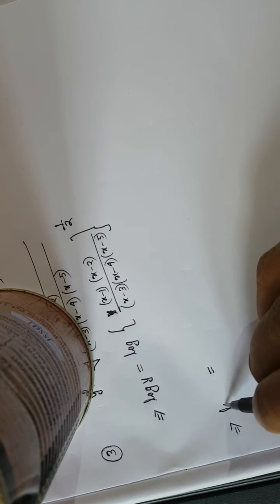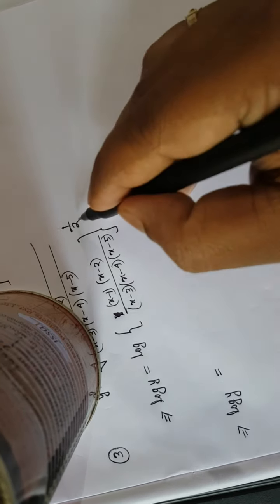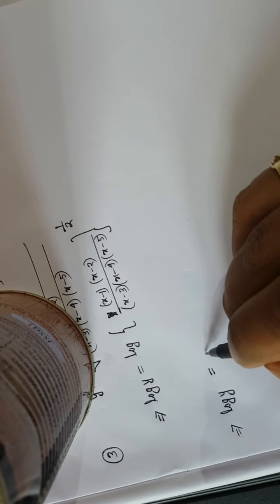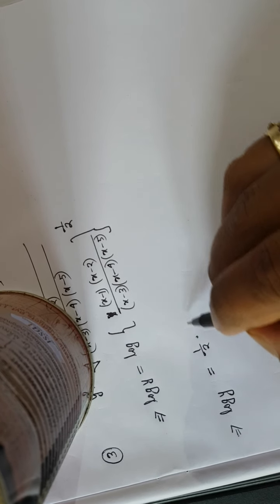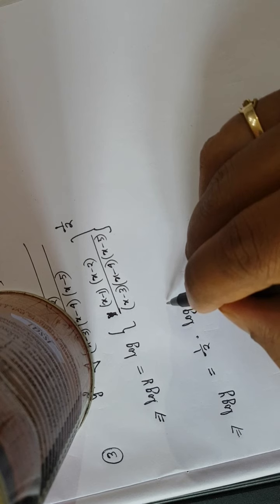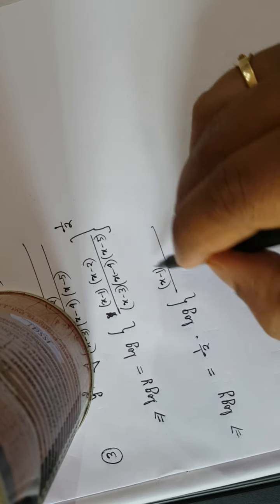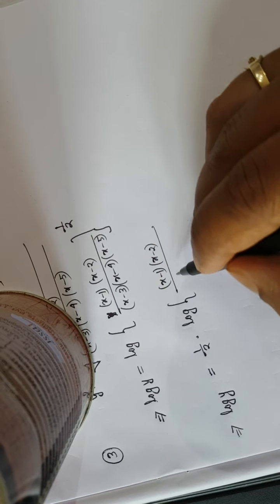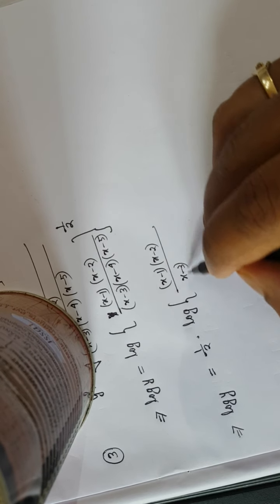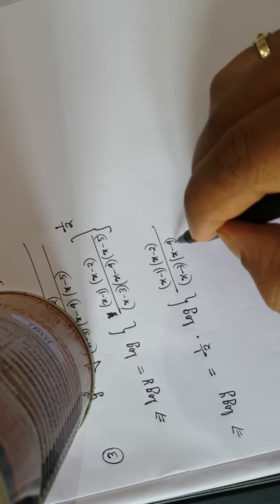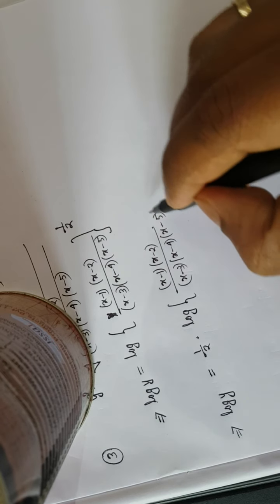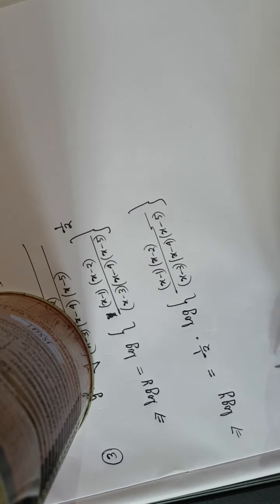Now the power is half. We know when you take logarithm, the power gets multiplied before the logarithmic function. Half into log of (x minus 1)(x minus 2) over (x minus 3)(x minus 4)(x minus 5). This is log y, half multiplied.